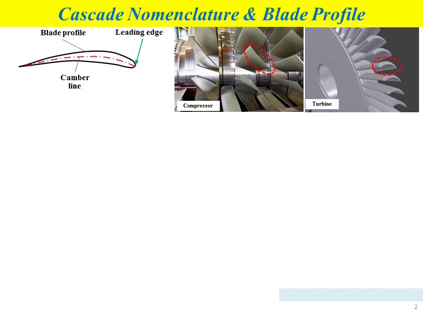At the front of the blade, we have the leading edge point, which is normally the point where the fluid flow enters the cascade blade. The second point is the trailing edge point, which we normally refer to as the outlet point for the fluid flow coming out from the cascade blade.